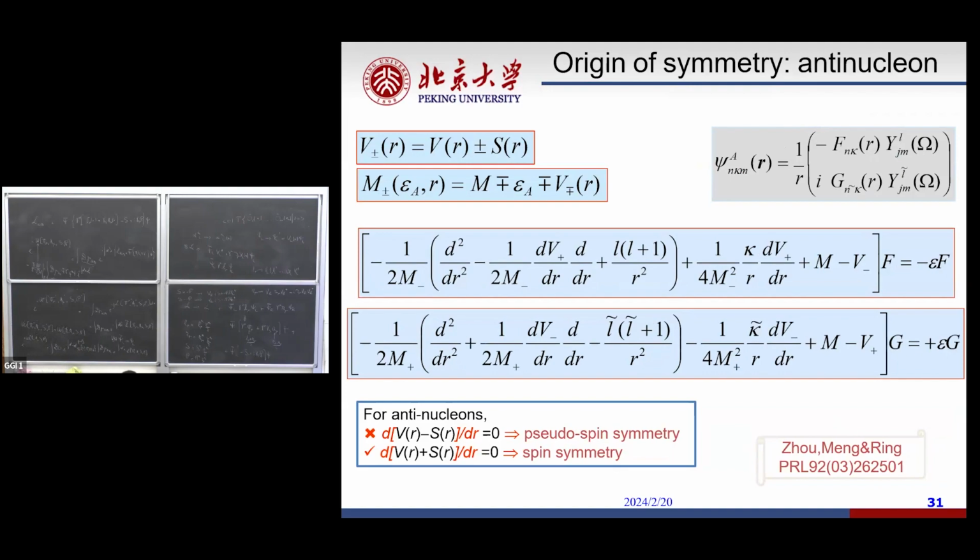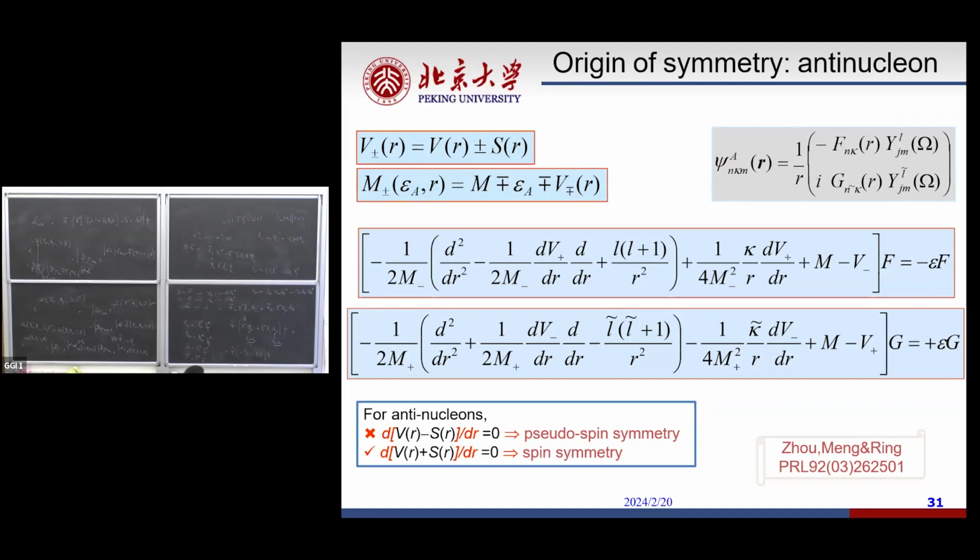In this case, we find that the small components for the particle become the up components for the antiparticle, and the up components for the particle become the low components of the antiparticle.